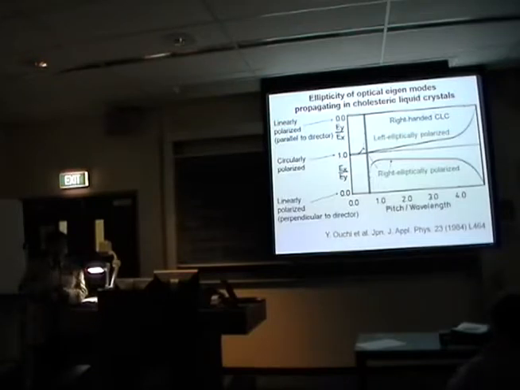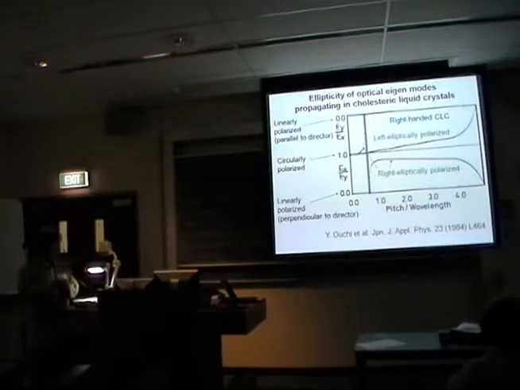And moreover, the polarization ellipticity changes with wavelength. So it is very complicated. As you know, if you have a stretched polymer, it is uniaxial. In this case, the two eigenmodes are linearly polarized light along the stretched direction and the perpendicular direction, and they don't change with wavelength. However, in the case of cholesteric liquid crystal, the eigenmodes change.